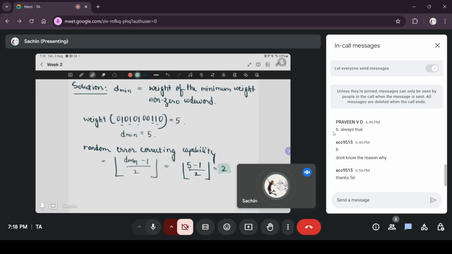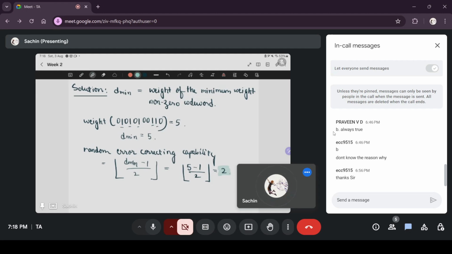So your decoder is also an important part of error correcting codes. You should understand how your decoder works. All right.